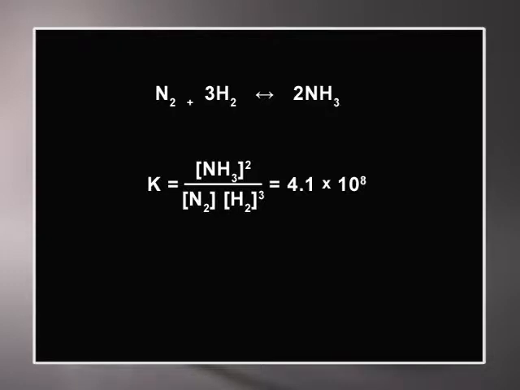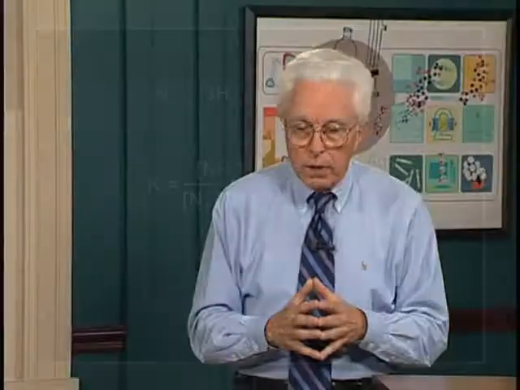I mean a plethora of ammonia, a veritable cornucopia of ammonia, and I'm going to have very little nitrogen and hydrogen left. This reaction, for all practical purposes, goes to completion.